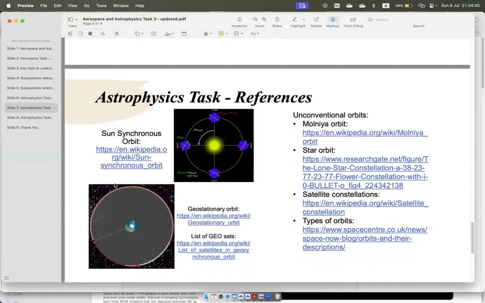So first is the sun-synchronous orbit. Sun-synchronous really means that it is synchronous with the sun. The practical meaning of that is that if the satellite passes over Mumbai at 10:30 today, it will pass over Mumbai at 10:30 tomorrow, and at 10:30 the day after, and so forth.